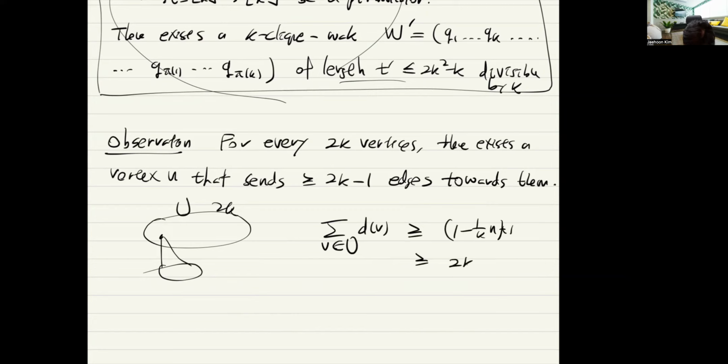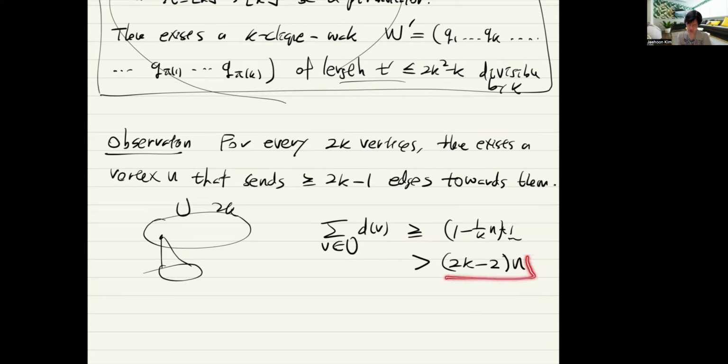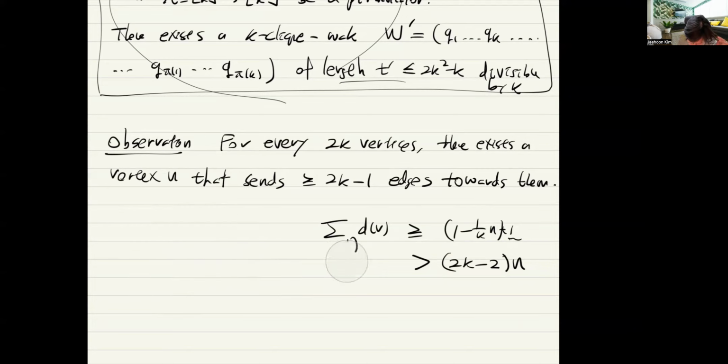So this is like 2K minus 2 n plus, strictly bigger than this. So this adds up. Then by the pigeonhole principle, on average all the vertices are in more than this many of the neighborhoods, so there must be a vertex which is adjacent to at least 2K minus 1. Okay, then what?